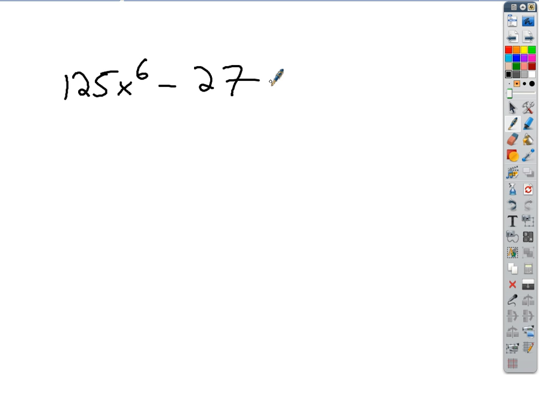Now, why? Justify your reasoning. How come? 27 is a perfect cube, and so is 125. What about the x to the sixth? Does that decide for us? Because I could write x to the sixth as what cubed? Oh, yeah.